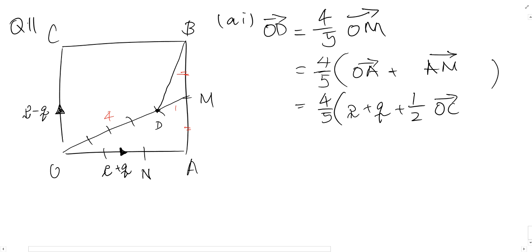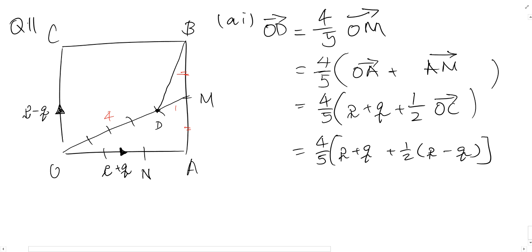AM is half of AB, which is the same as OC. Okay, so I continue. 4/5 of P plus Q plus half of OC, which is P minus Q. Then it's just Sec 1 algebra already. 4/5 P plus Q plus half P minus half Q.